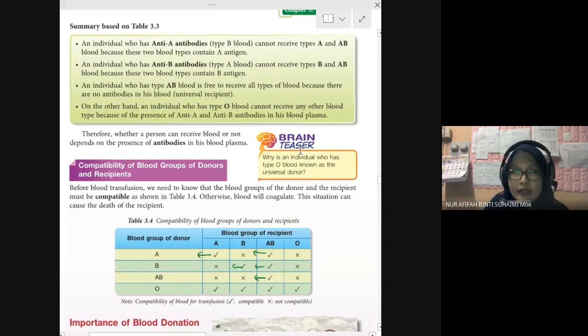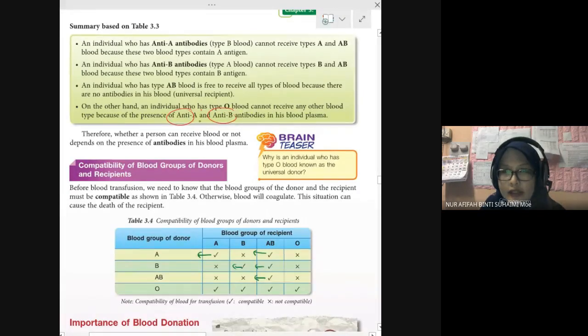Okay, on the other hand, an individual who has type O blood, either O positive or negative, cannot receive any other blood type because of the presence of anti-A and anti-B antibodies. Antibody, not antigen. O does not have antigen.